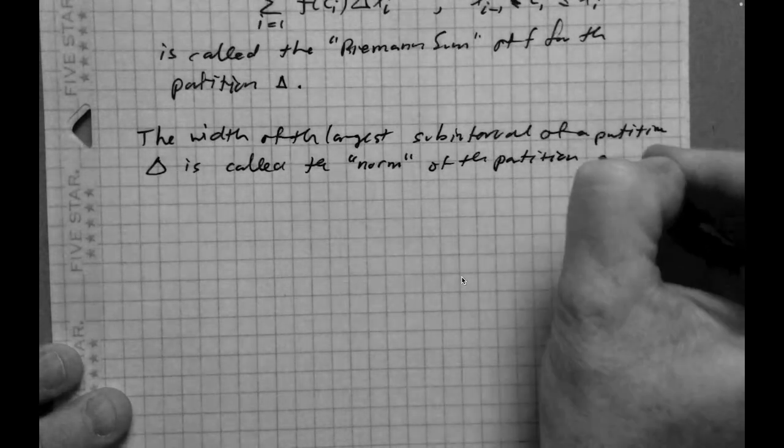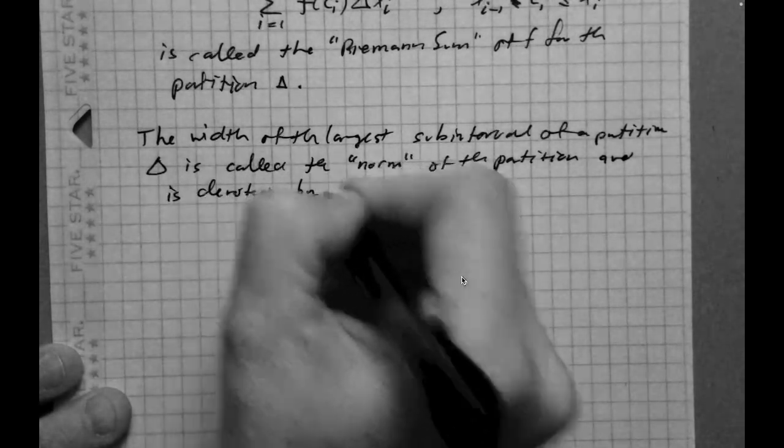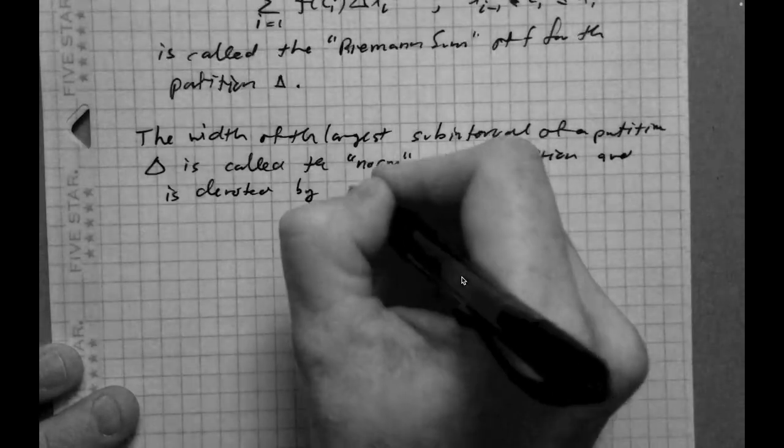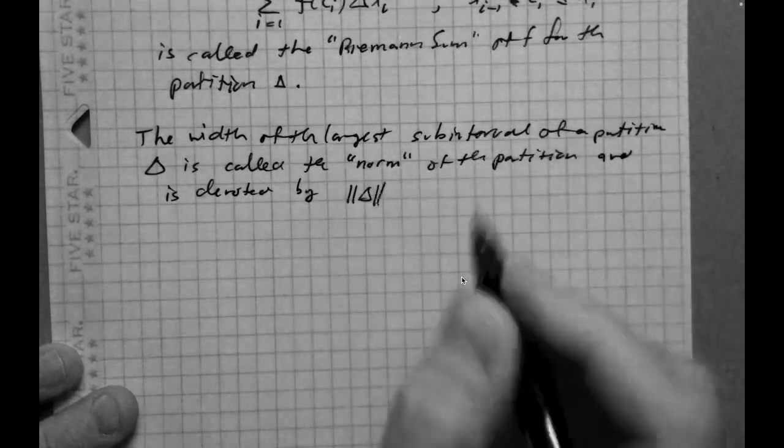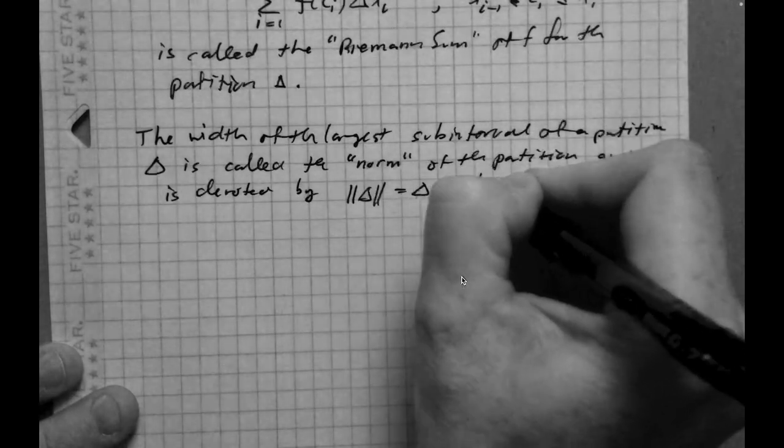And it's denoted by the norm of the partition, which equals delta x equals b minus a over n.